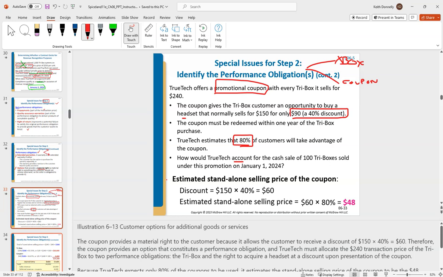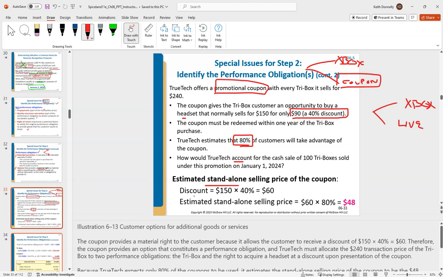First thing we need to do, remember we said whenever there's multiple performance obligations, when we looked at the Xbox and the Live, in order to bifurcate and allocate that, we had to look at the standalone prices, what we sold it for individually. So here, when we have the coupon, we have to do a similar thing.